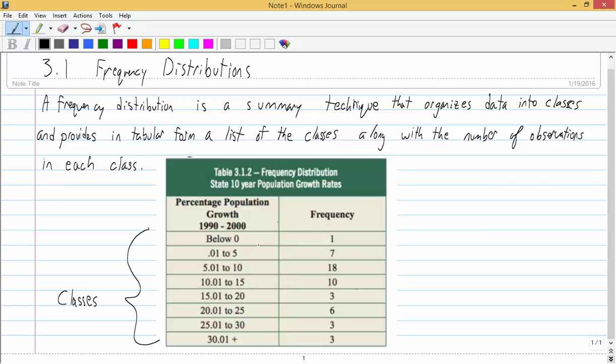I'm calling them just real basic terms. They do have official names, but from this upper number to this upper number, the difference is pretty uniform as you go down, meaning it's the same from class to class. That's the way you would want the classes to be, because if they weren't, the data could be very misleading. You could try to trick somebody maybe. We don't want that to happen.